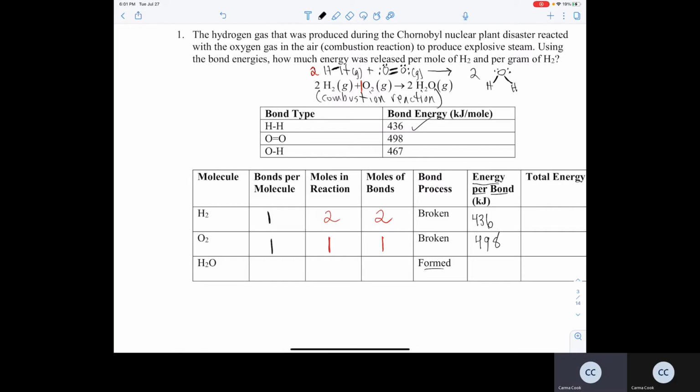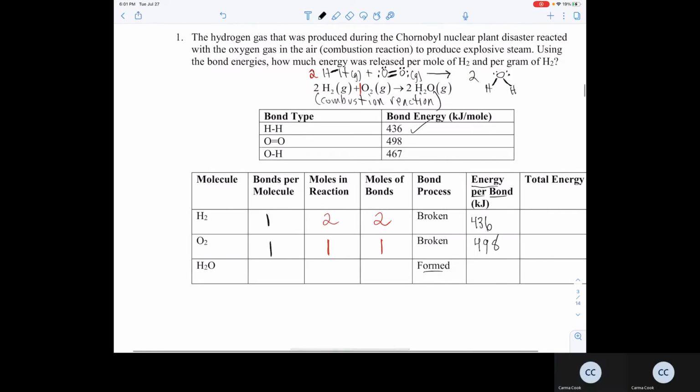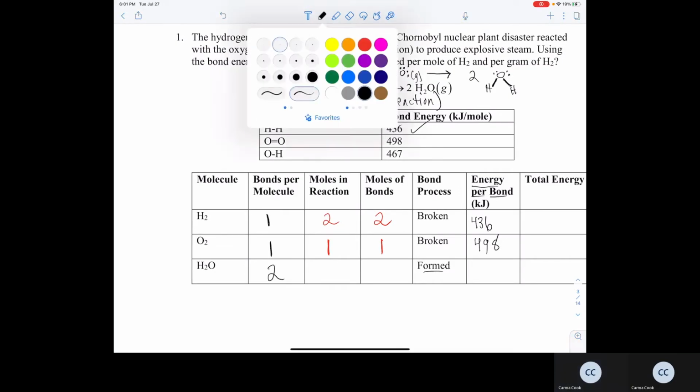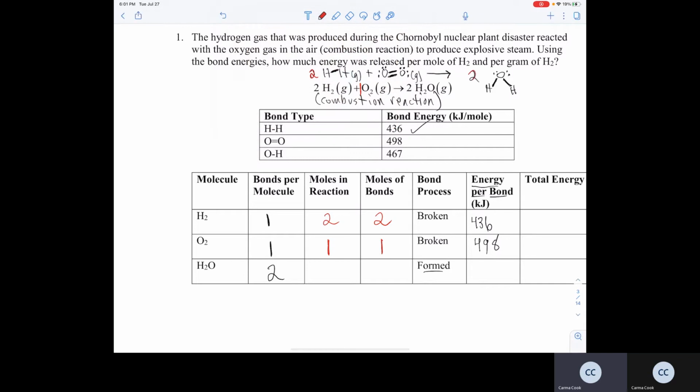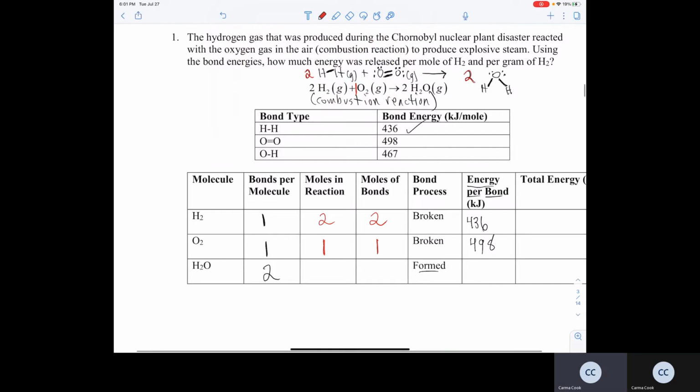Water is our product, and we have two OH single bonds in one water molecule, and there are 2 moles of water in the reaction.